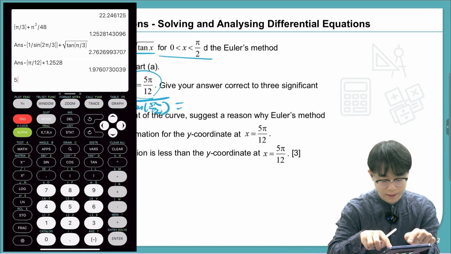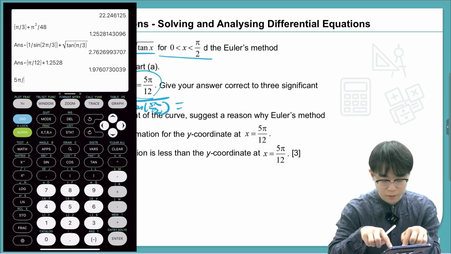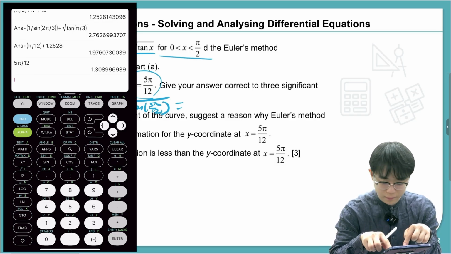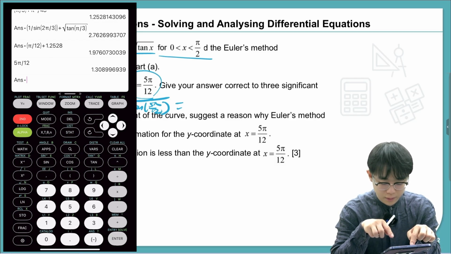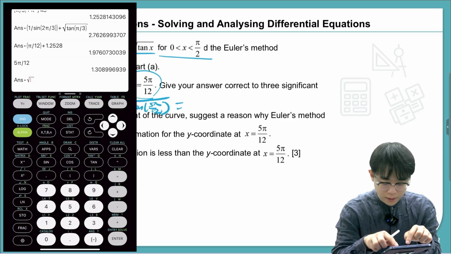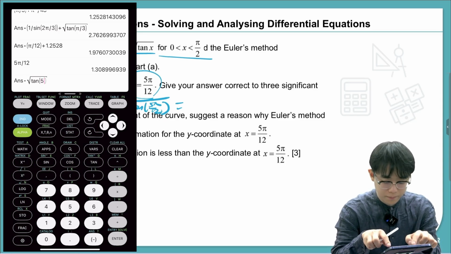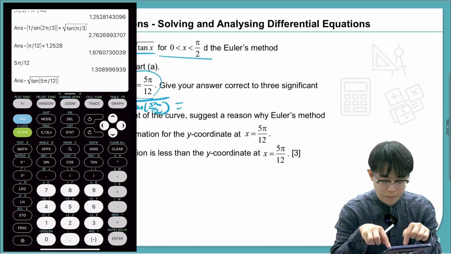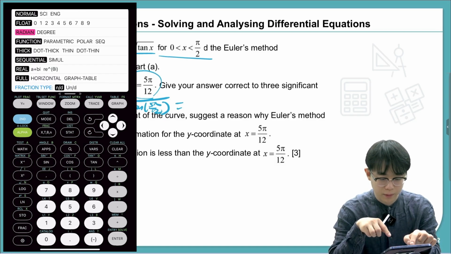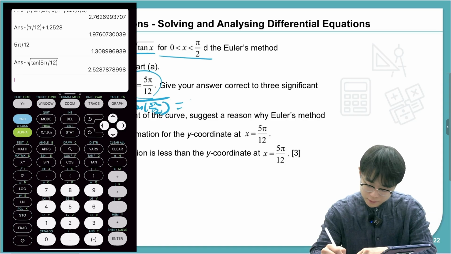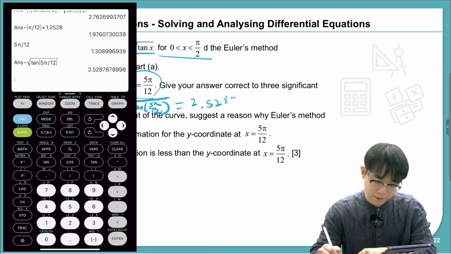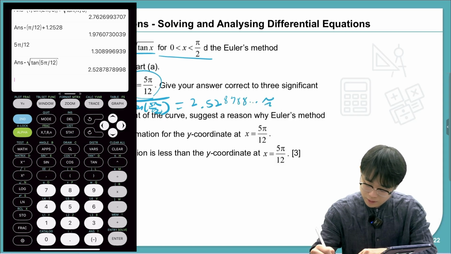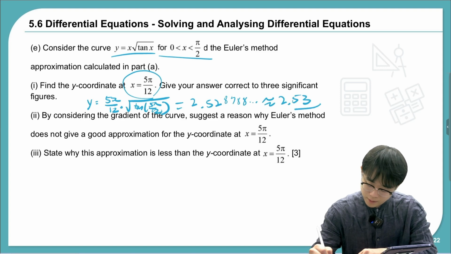So 5 pi over 12 times square root of tangent 5 pi over 12. Make sure we're working in radians. Okay, so that gives us 2.52878, but this rounds to 2.53.